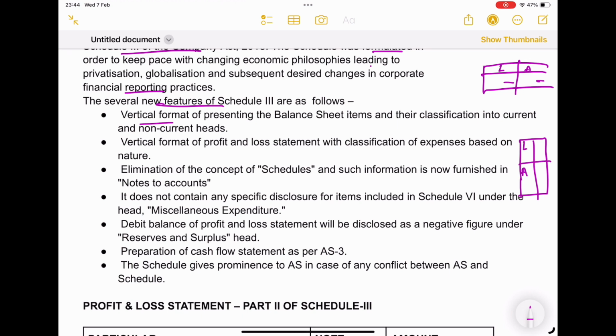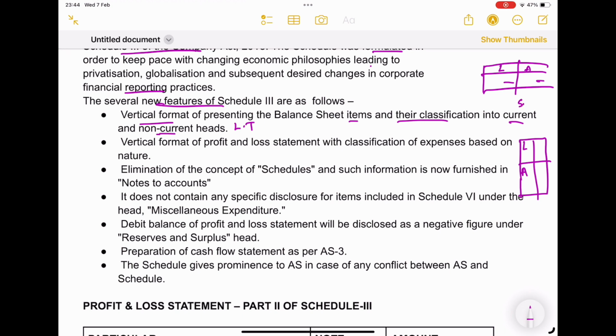Like this we are going to classify. In presenting the balance sheet, items are classified into current and non-current assets. Non-current assets means long term. Current liabilities means short term liabilities.